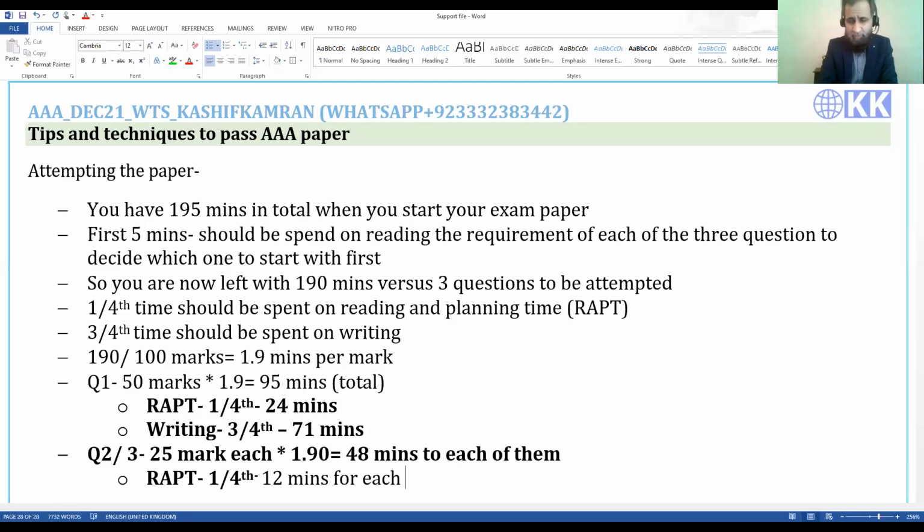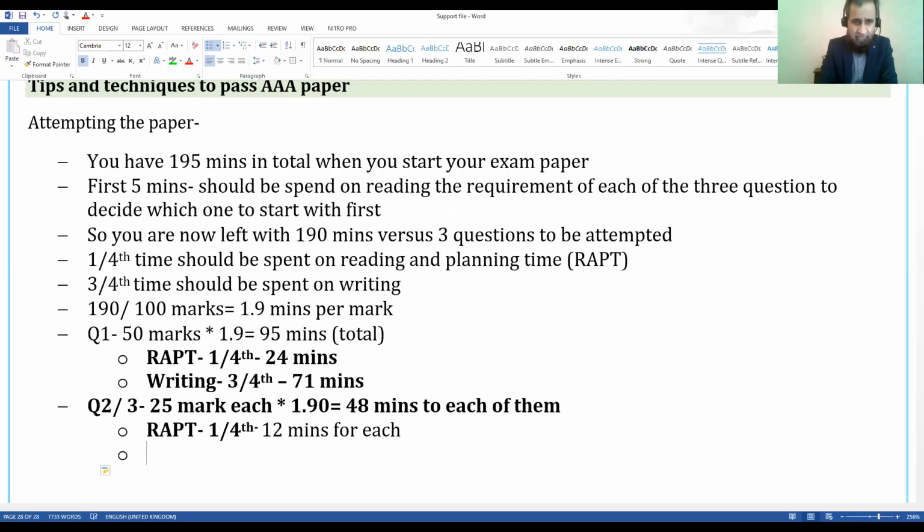Rounding off, 23.75 is not making a big difference. Writing time for each section B question is 36 minutes. So it comes to 36 minutes for each.